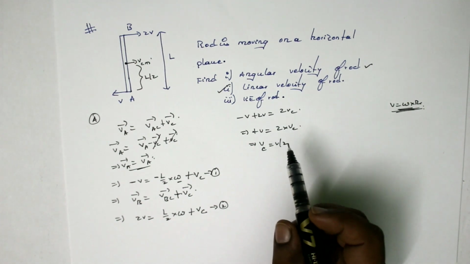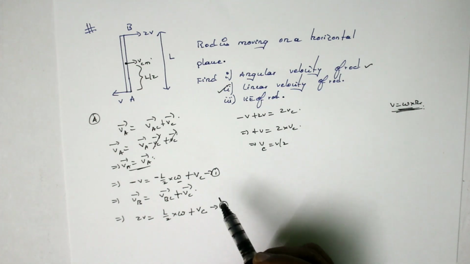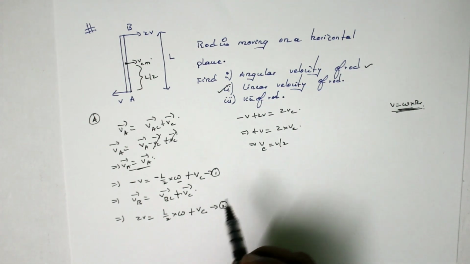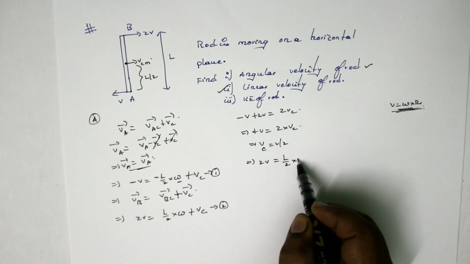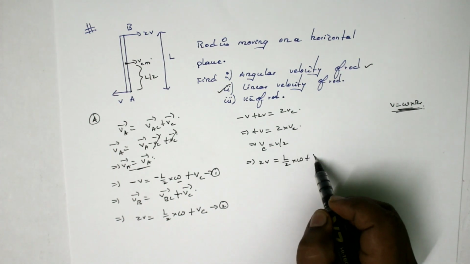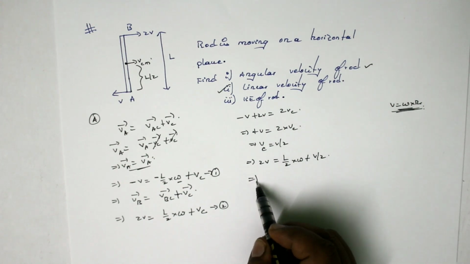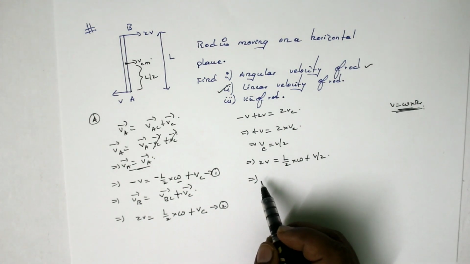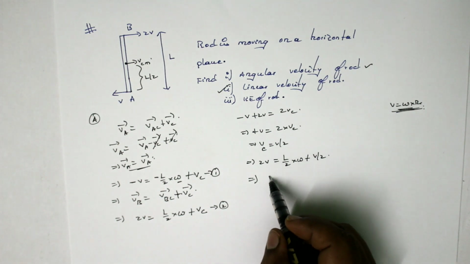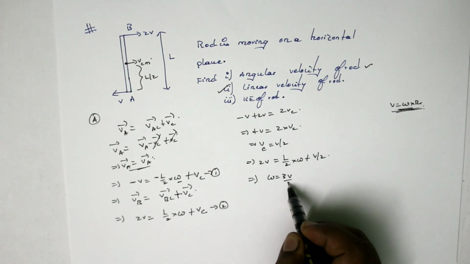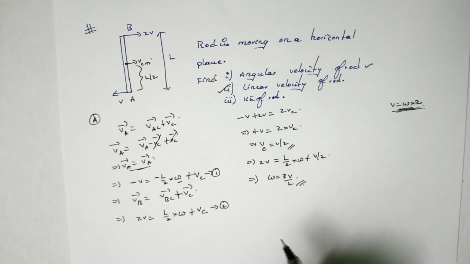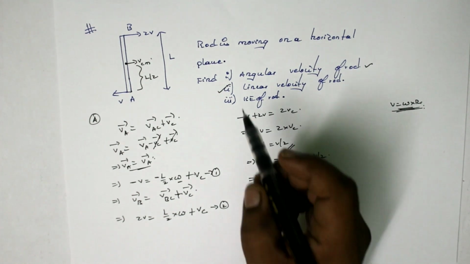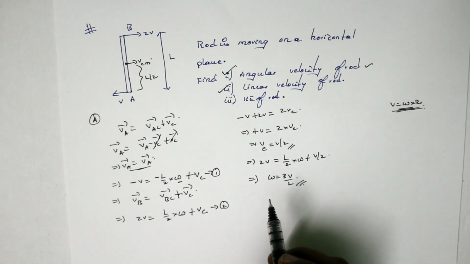Now take this V by 2 and substitute it in any one of these equations, and I will get the value of omega also. So 2V equals L by 2 into omega plus VC, whose value is V by 2. If I solve this equation, I get omega equals 3V divided by L. So VC equals V by 2, omega equals 3V divided by L. This is my answer for the first question.